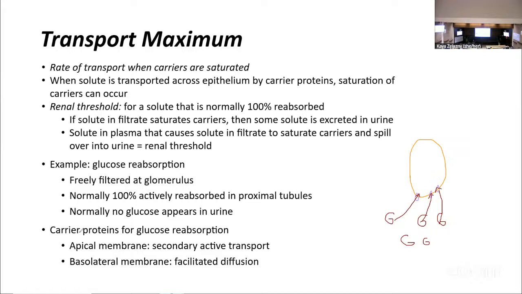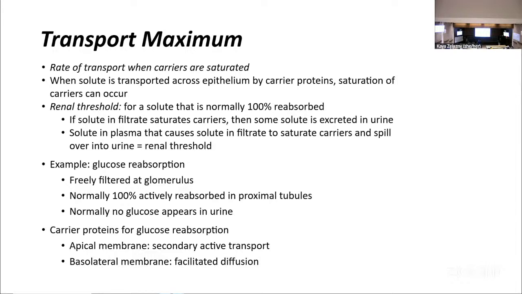So there are other ways we can think about or measure this, all of which come together to give us the big picture. The renal threshold is related to this transport maximum. It's basically an amount of this substance in your plasma, like a plasma concentration of glucose. Threshold is like the edge of a doorway.